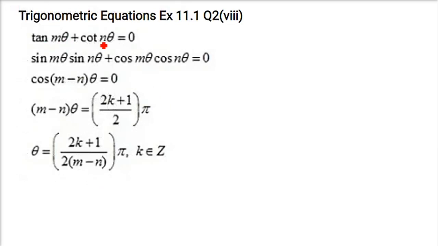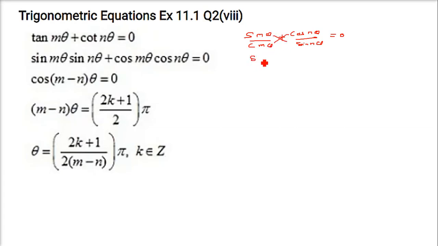Tan m theta plus cot n theta. So tan m theta can be written as sin m theta by cos m theta. And cot n theta will be written as cos n theta by sin n theta. Now take the cross multiplication like this.